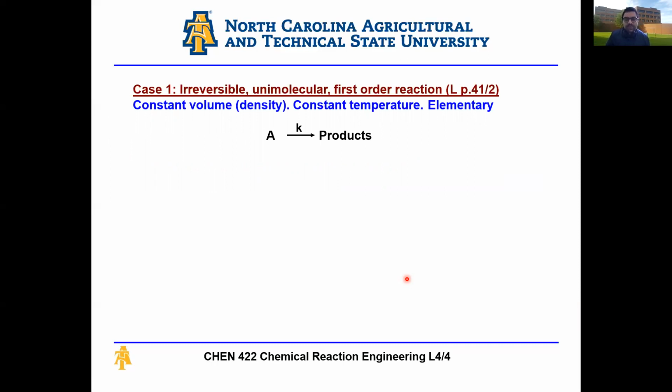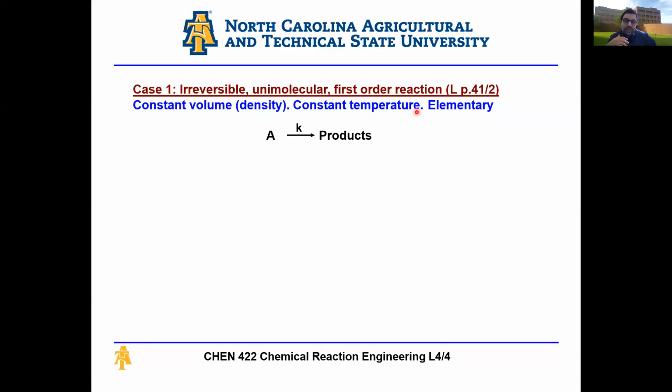The first case is when you have an irreversible unimolecular first order reaction, where I have A going to products: unimolecular, just one molecule going to products, first order, irreversible, just goes to completion. This is case 1. The assumptions we're going to have here are constant volume, constant temperature, elementary. And when you're solving a problem, I expect you to write these assumptions to show me that you have the mental awareness of these details.